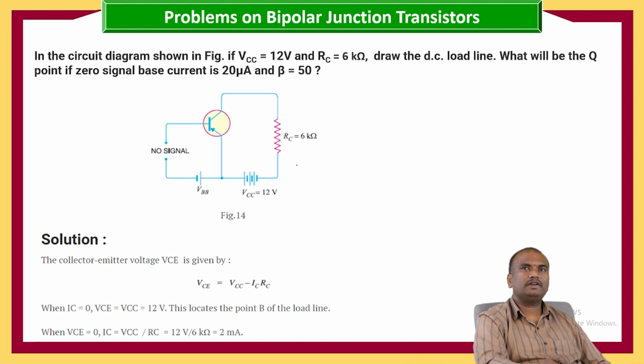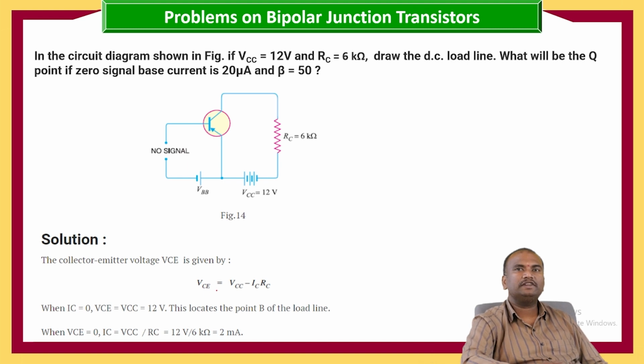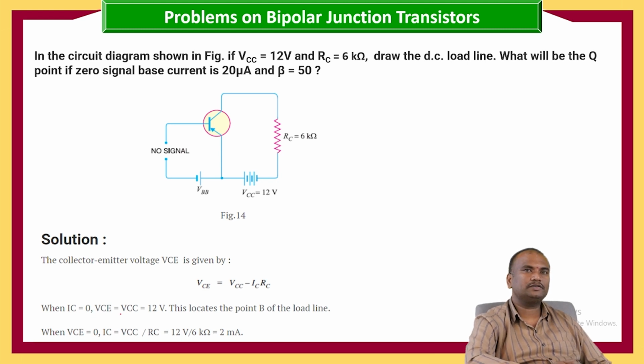Here VCC is 12 volts, RC is 6 kilo ohms. Here the collector to emitter voltage is given by VCE is equal to VCC minus IC RC, where when IC is equal to 0, VCE is equal to VCC is equal to 12 volts. This locates the point B of the load line.